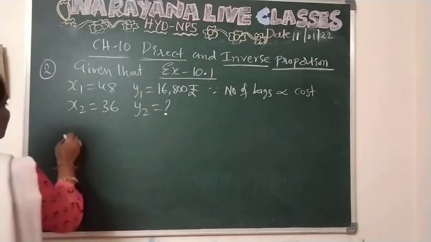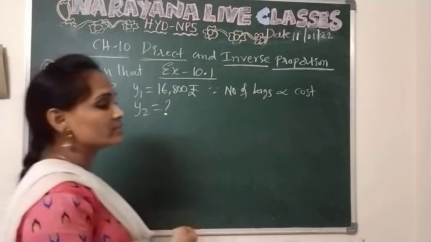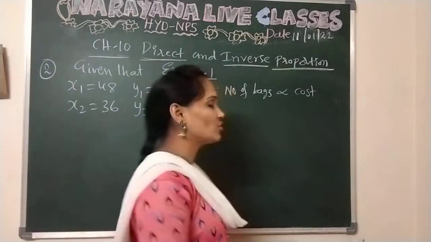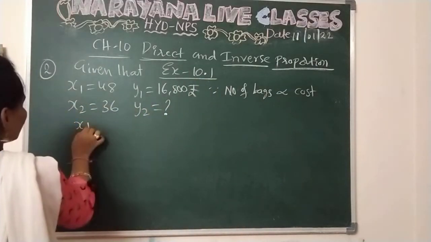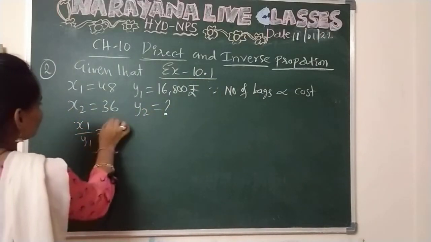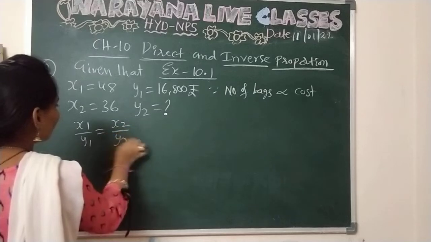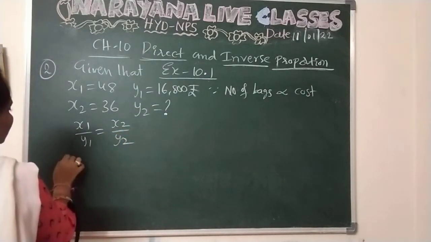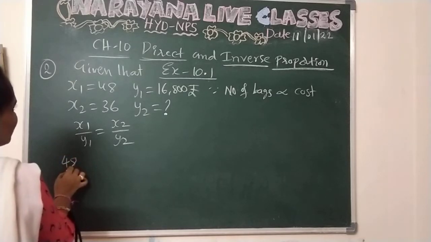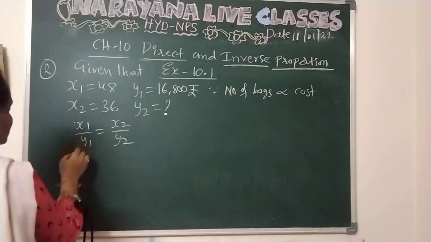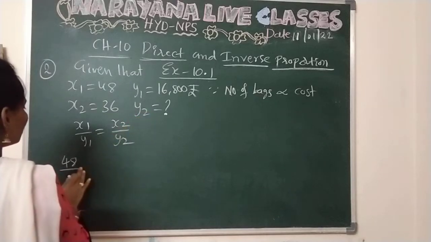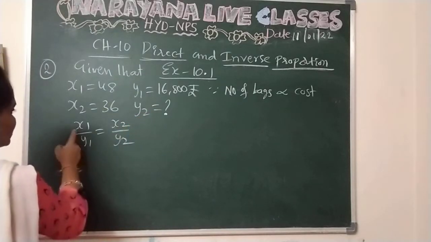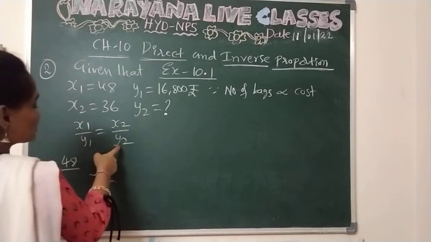Now whenever the two quantities are in direct proportion, we should use the formula x1 by y1 is equal to x2 by y2. First we need to find out y2. You can substitute directly, otherwise first you can write the subject as y2.